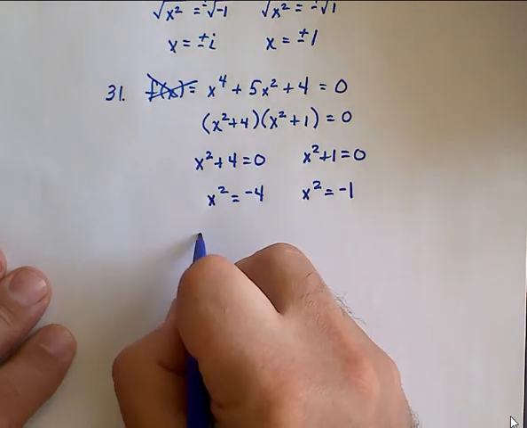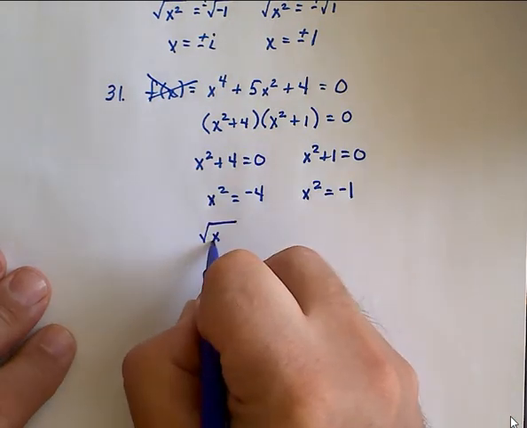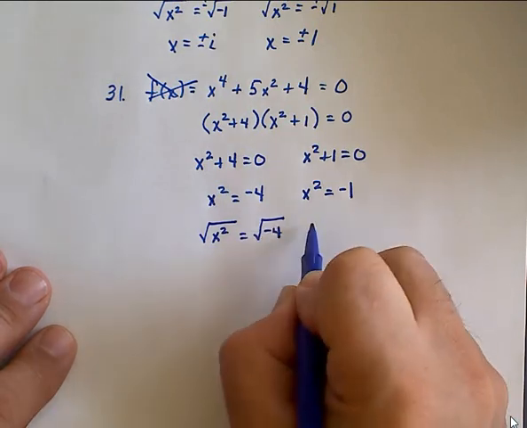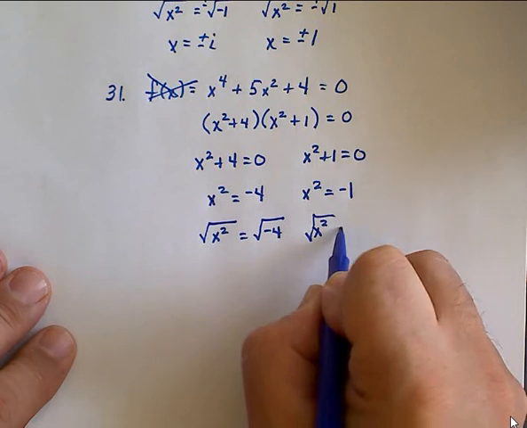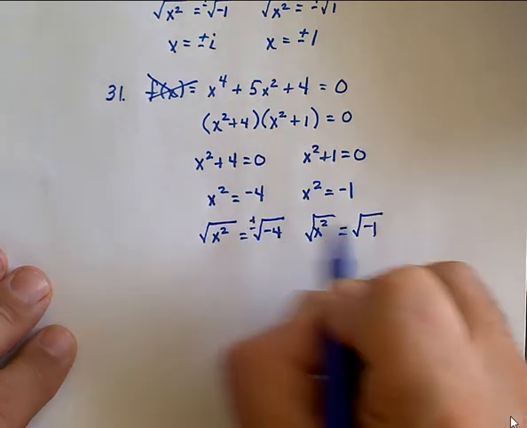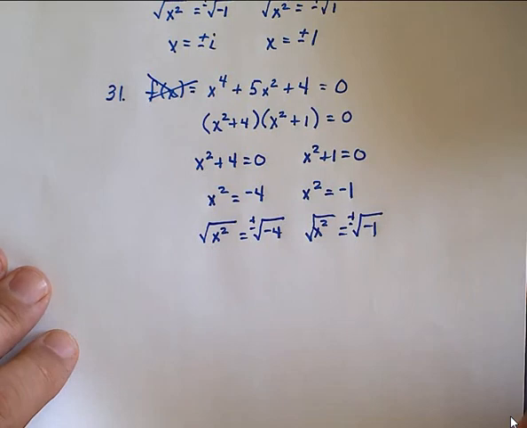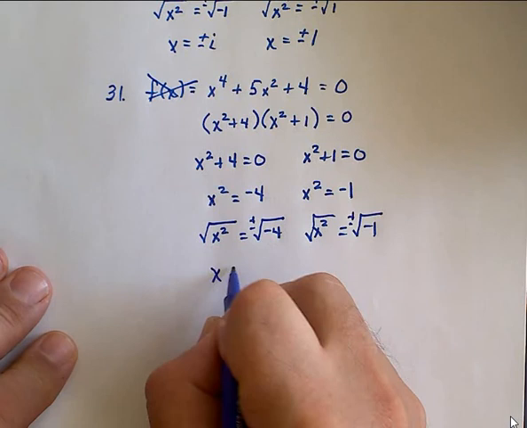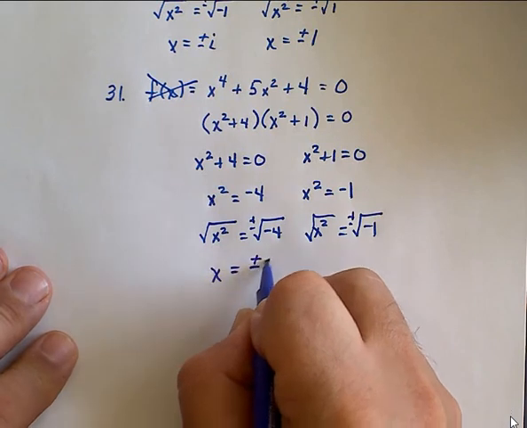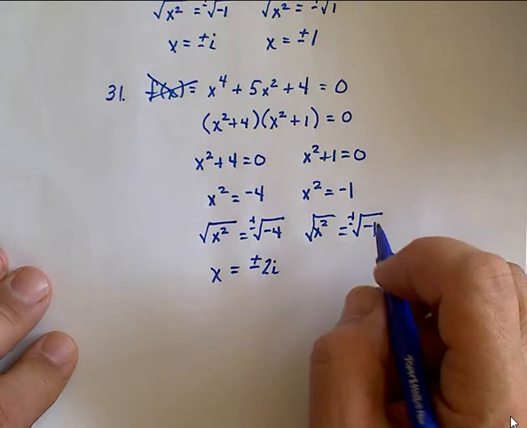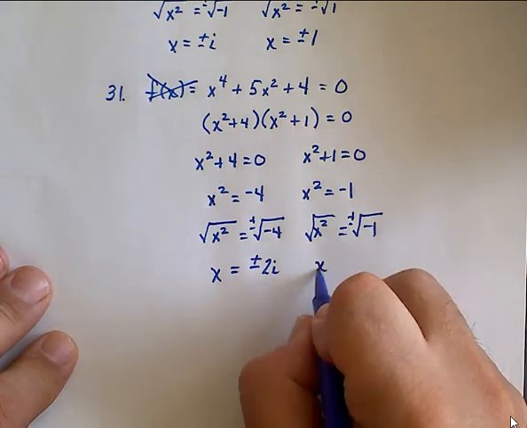Square root both sides again, and make sure you do the plus or minus so you don't lose part of your solutions here. Negative 4 becomes plus or minus 2i. And just like we set up above, the square root of negative 1 is plus or minus i.